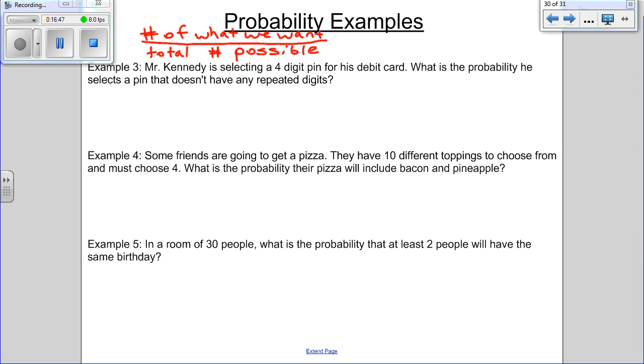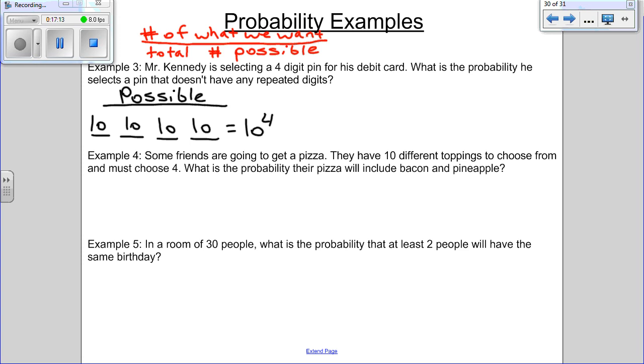So what's possible is you have 4 digits, and you can repeat digits. So you have 10 times 10 times 10 times 10, 10 to the power of 4 is what's possible. That's with repeated digits.